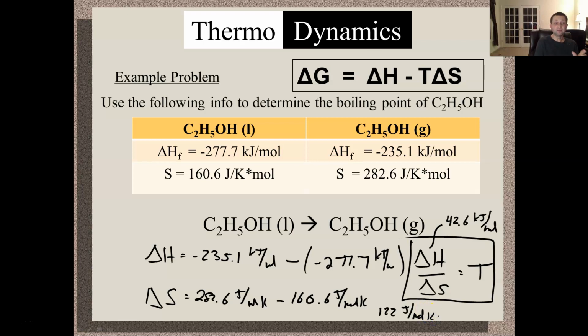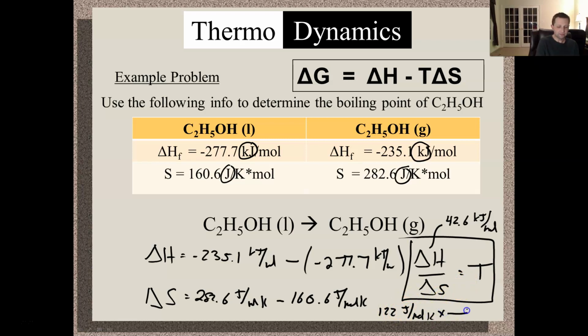That's a problem because if you look at your delta H, it's in kilojoules. So there's that discussion about units that we had in class and earlier on in the unit, where it's really important to include units in your calculation, so you don't make a dumb mistake of just saying, oh, one of them is 42.6, one of them is 122, I'm good to go. You're not good to go because you need to convert 122 joules into kilojoules.